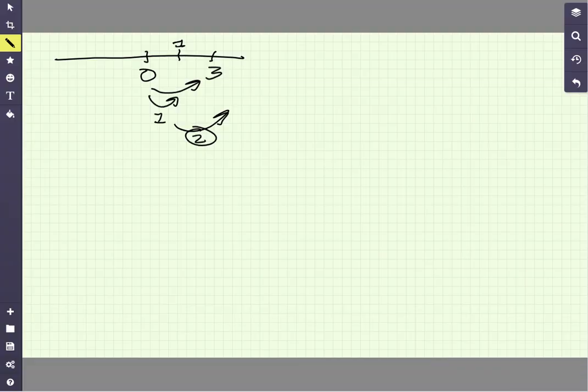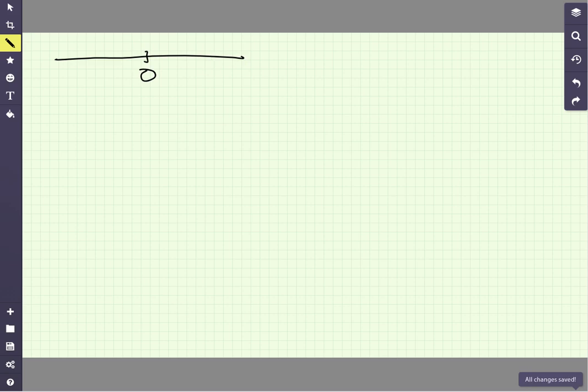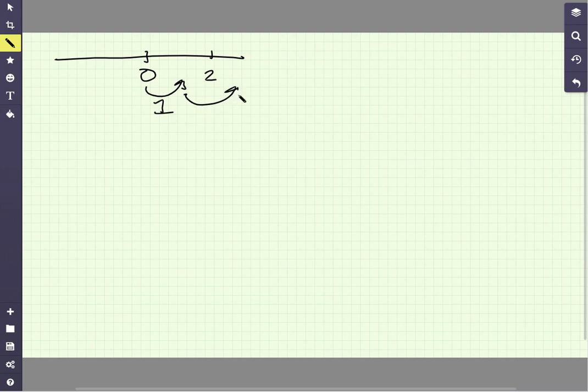So here's another example. What if it was 2? What if instead of 3 we had to go to 2? Well, now it gets a little tricky. Because on the first one you go to 1. Took 1 step, and on the next one you're going to take 2 steps, but now you just overshot.